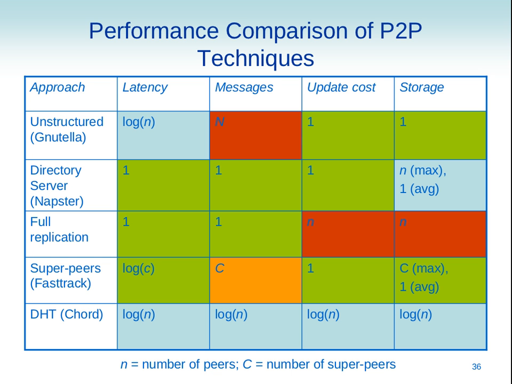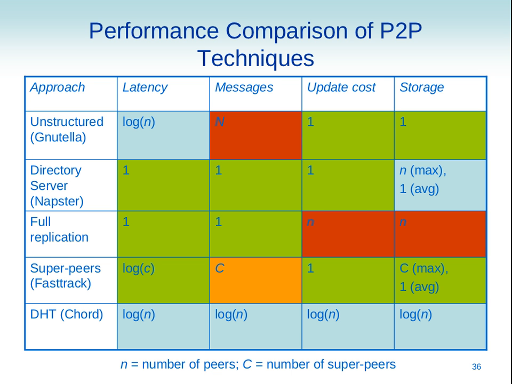So this is bad from the perspective of the unstructured approach. With Napster, we just send one message. No matter how many nodes in the network, we just send one query to the server.